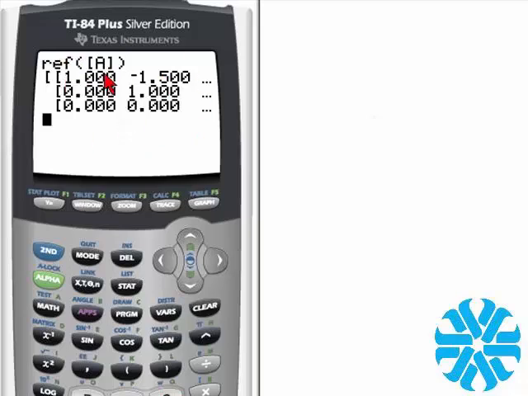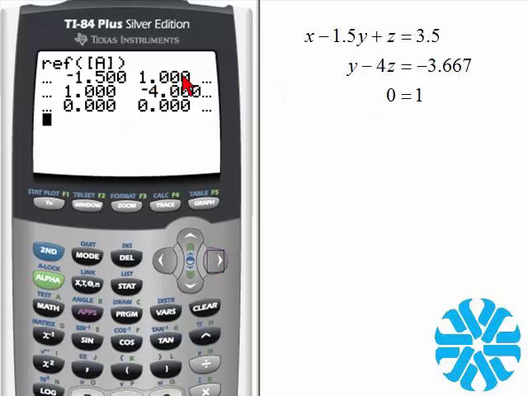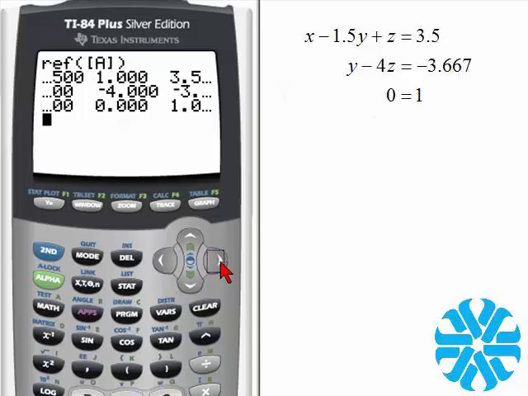All right, so this matrix represents the system of equations, and it says that 1x minus 1.5y plus 1z equals 3.5. See right there.